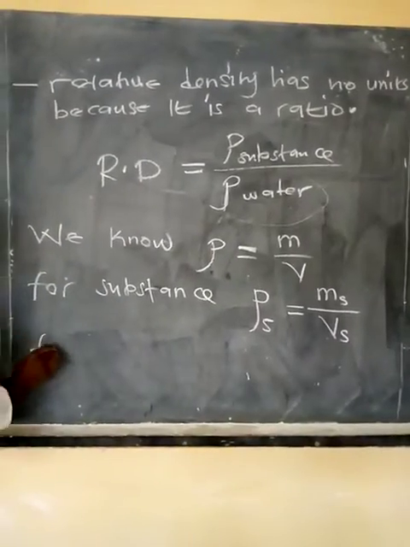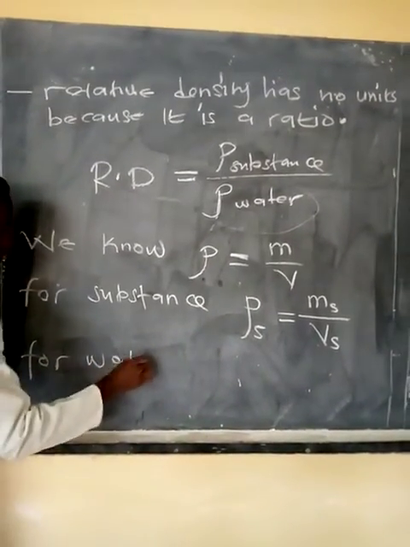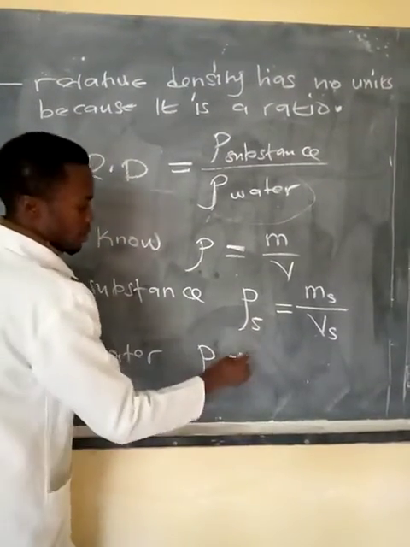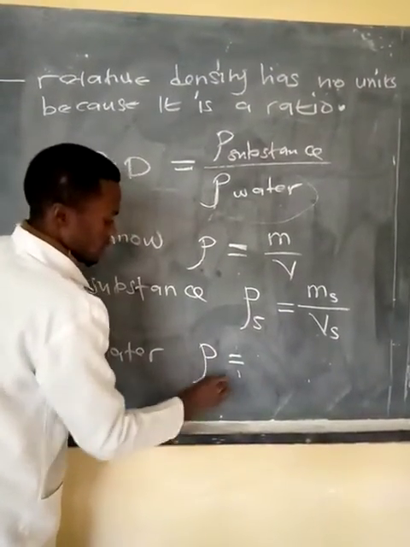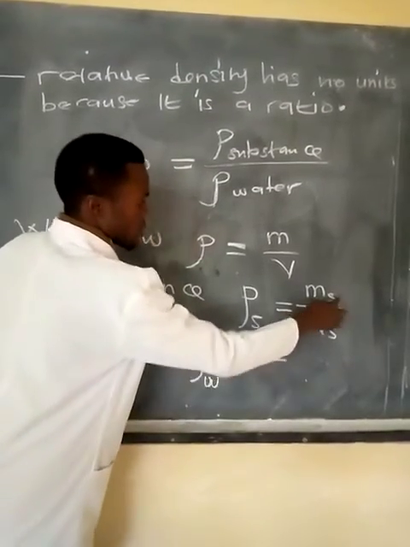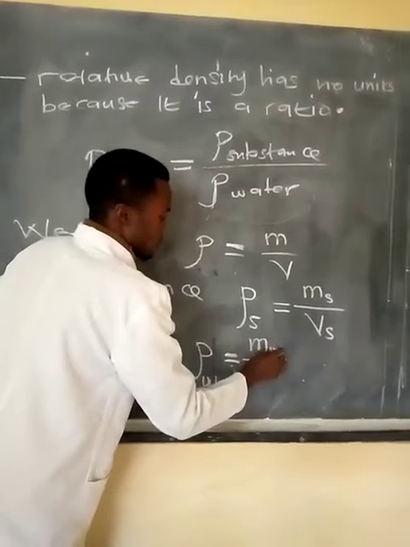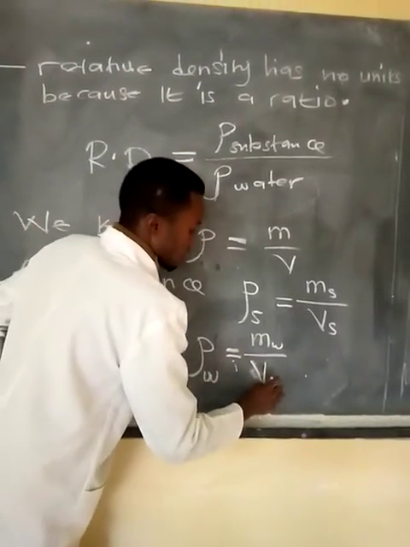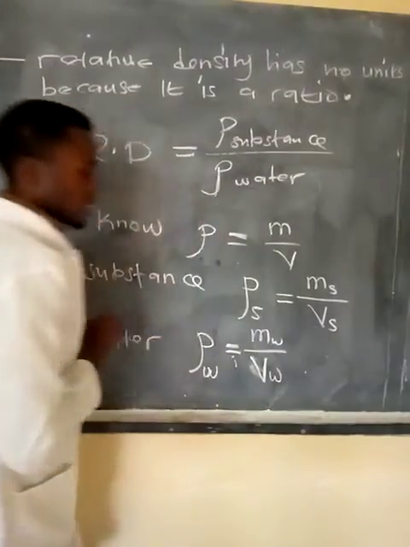Then for water, I'll put W there, which is equal to mass of water over volume of water.